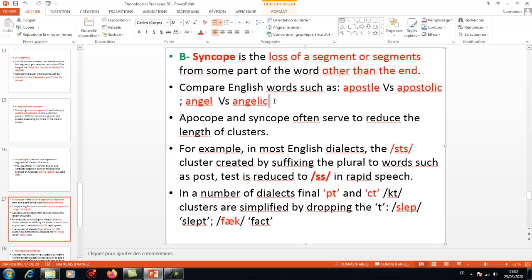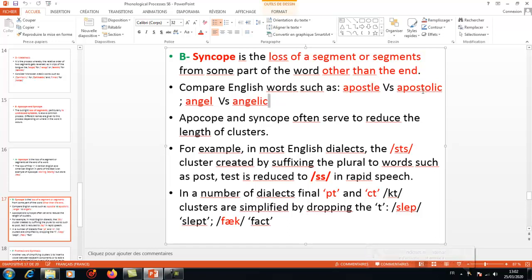Now, compare English words such as apostle. Is it apostle or apostle? Here, we have to make it different from apostolic. When we derive the adjective out of this noun, we tend to insert the t which is omitted in our pronunciation of apostle.